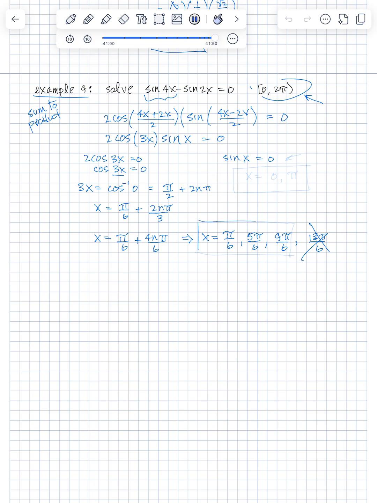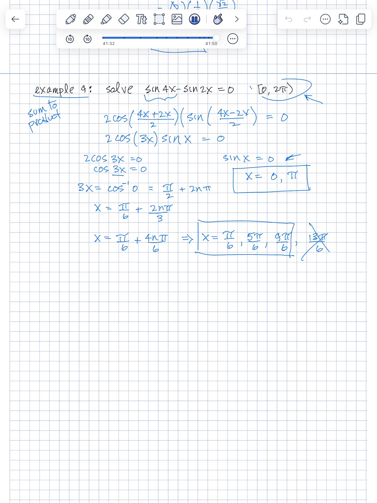So here are the answers for the first batch. Now we're going to go back up to here where we have the sine of x equals 0. And that gives us x equals 0 and pi. So we have 5 answers for this problem.